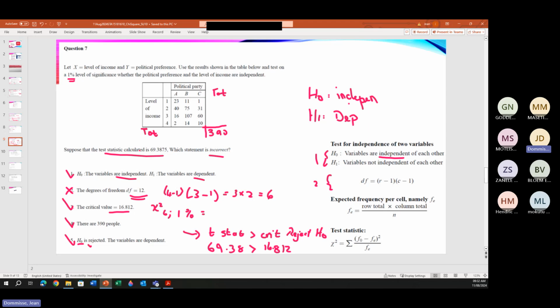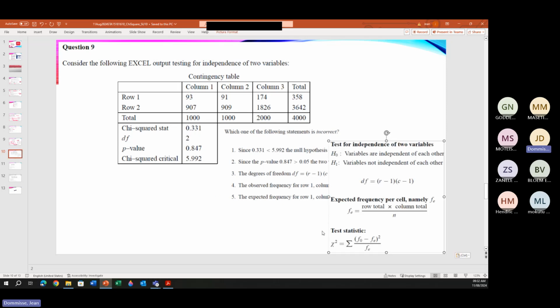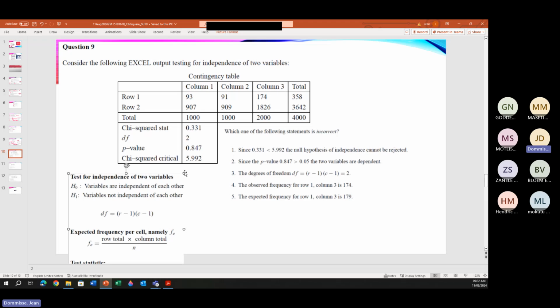Okay, so again, we nearly covered everything in this table. For the next one, it's a bit different. Let's see, I'm going to squeeze this in. It doesn't want to squeeze. Too many tables.